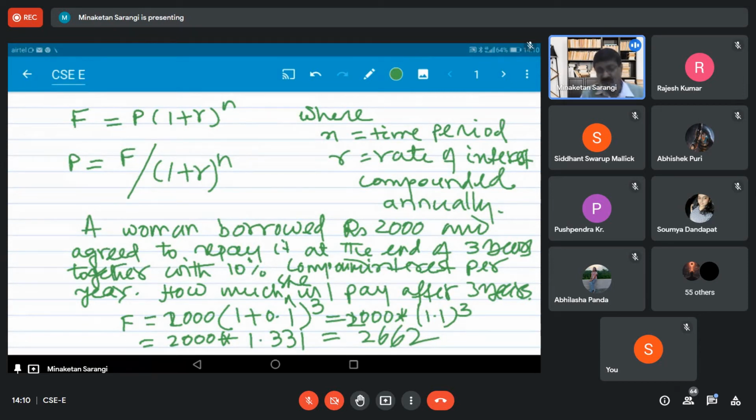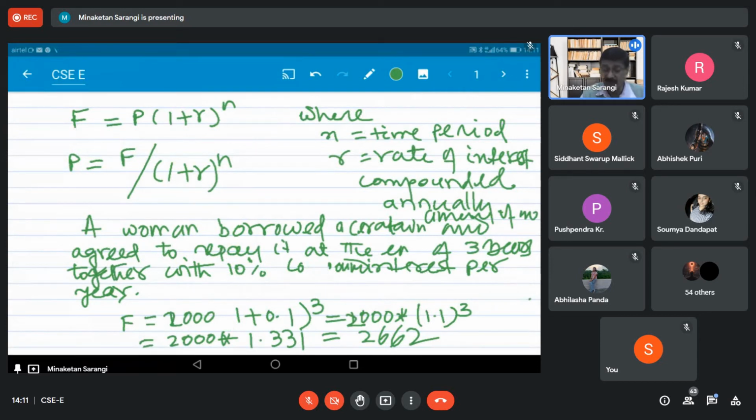Now we can also revise the same question. A woman borrowed a certain amount of money. How much has she borrowed? She borrowed a certain amount of money and agreed to repay it at the end of 3 years together with 10% compound interest per annum.